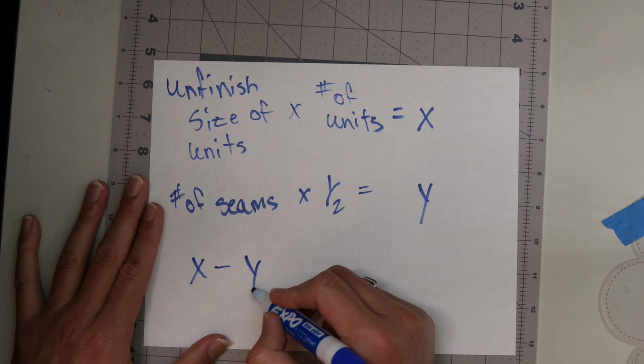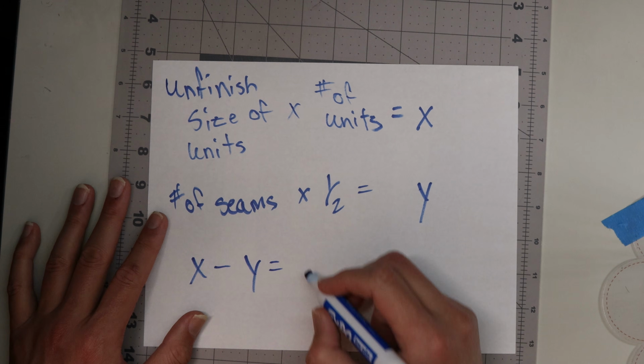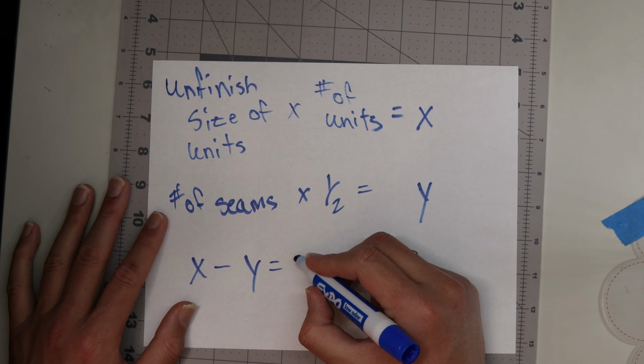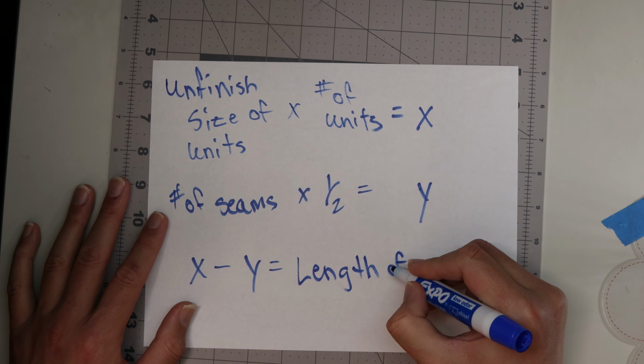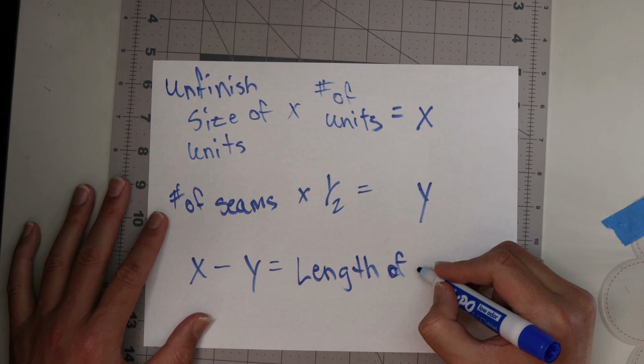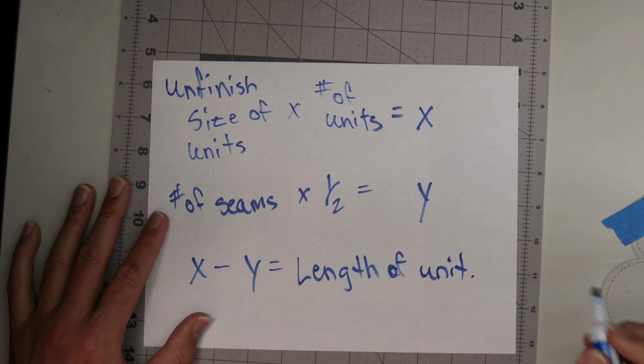Take X minus Y, and this will give you the length of the new unit.